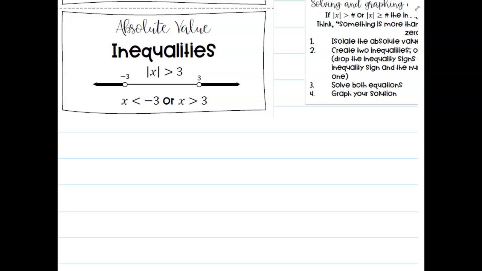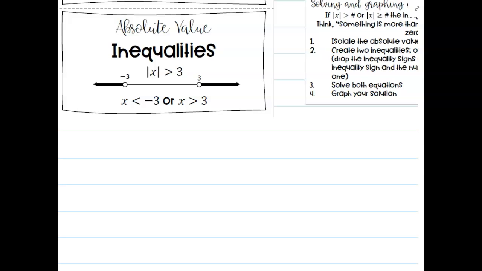What are some options? 4, right? Or you go to the left and get to -4. Where else? 10, or -10, 100, or -100, right? There's a bunch of them. As long as you are beyond 3 to the right and to the left, any one of those are options.